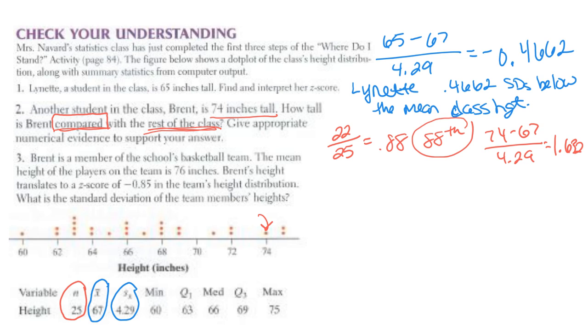Okay, and the last one for Brent here regarding the basketball team, this is just an algebra equation, right? We know that his z-score is negative 0.85. We know that z-score is calculated by taking the data point, which is his 74 inches, minus the mean, which in this case is 76 inches, the mean of the 8 players on the basketball team, and it wants to know the standard deviation.